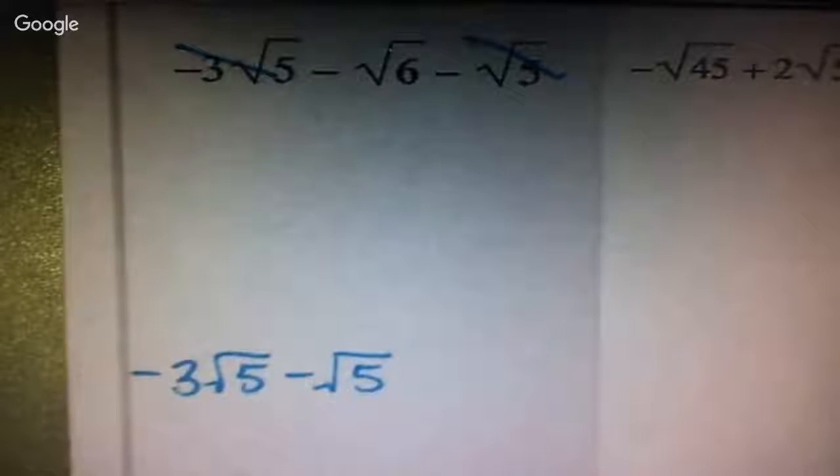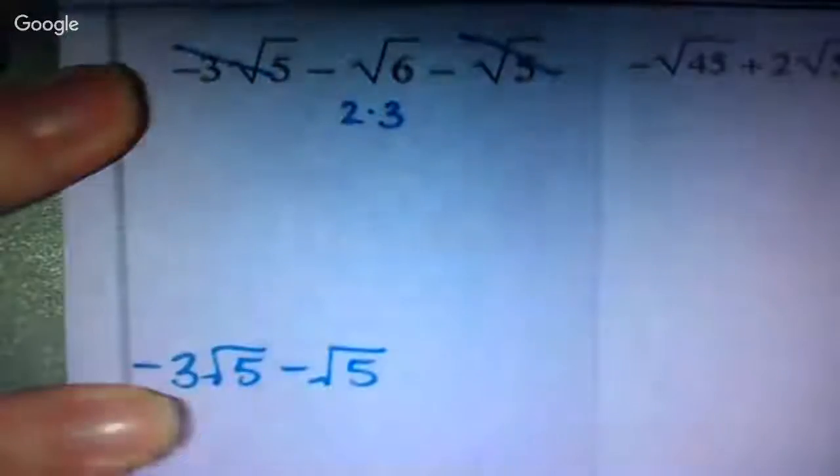What'd you say about the square root of 6? 6 becomes what? 2 times 3. And then it equals 6 again. Okay. You can't group anything with the square root of 6. Square root of 6 is already in simplest terms. So you just keep it. So minus the square root of 6.